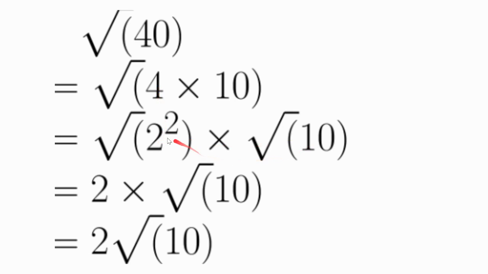The square root of 2 squared is just 2. The square root of 10, we don't know. So the square root of 40 simplified is 2 times the square root of 10, which we know is somewhere around 3. So it would be 2 times 3 something, or close to 6.